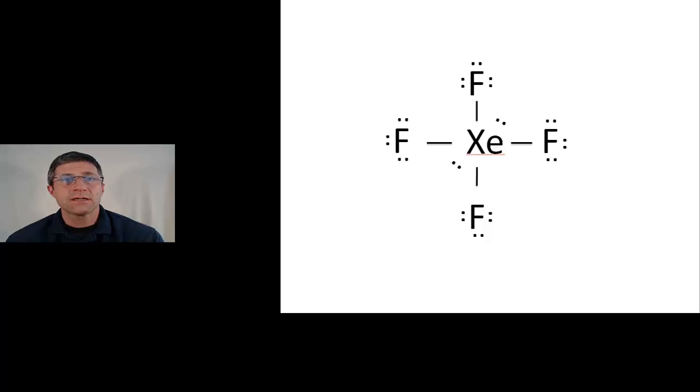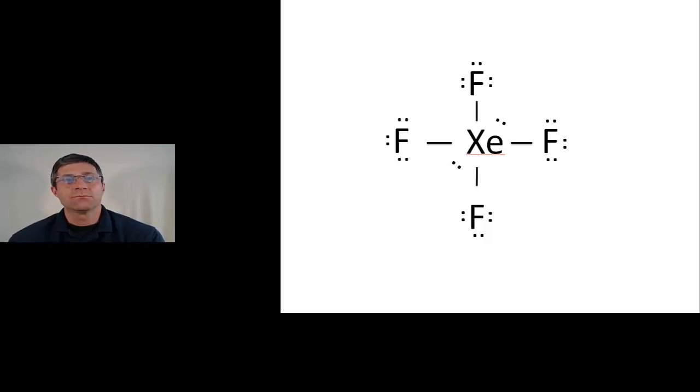In this case, xenon is going to gain 4 more electrons, and now I have my final and complete and accurate Lewis structure, where I have my fluorine atoms, each with 8 electrons around them, fulfilling the octet rule. I have xenon, the least electronegative, sitting in the middle, sharing electrons with fluorine.